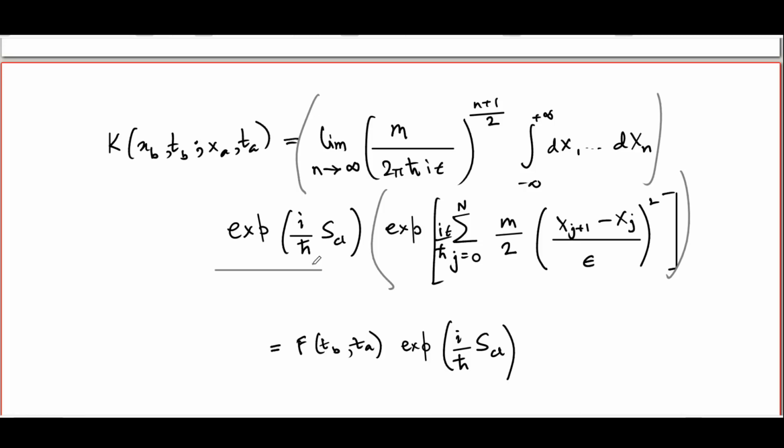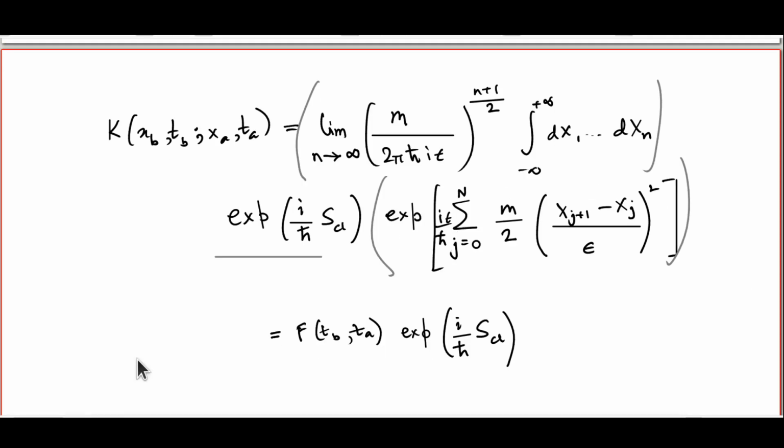However, we can pretend that we haven't done anything of that sort. So we can now try to calculate this correction factor or normalization factor by evaluating this integral explicitly. We can of course pretend that we have not done this calculation earlier and figure out this normalization factor f of tb, ta by evaluating these multiple integrals explicitly using our standard Gaussian integration and then taking this limit.